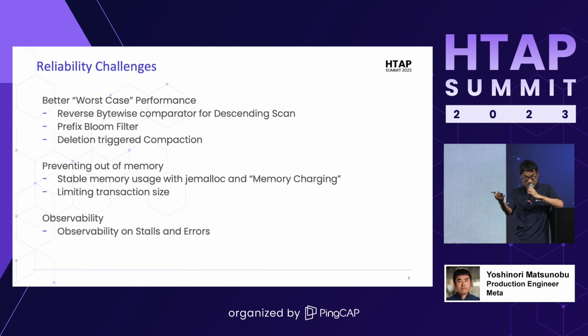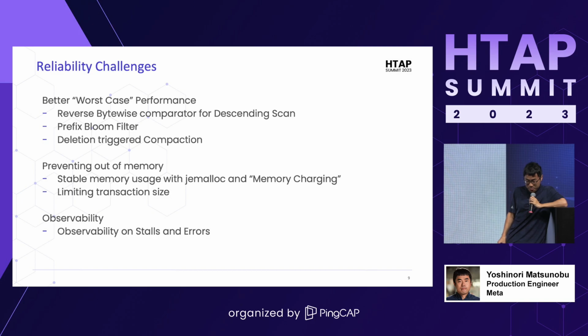When there are many deletes, RocksDB automatically triggers compactions to optimize them and provide better read performance. There are multiple optimizations, but primarily we wanted to provide better read performance.